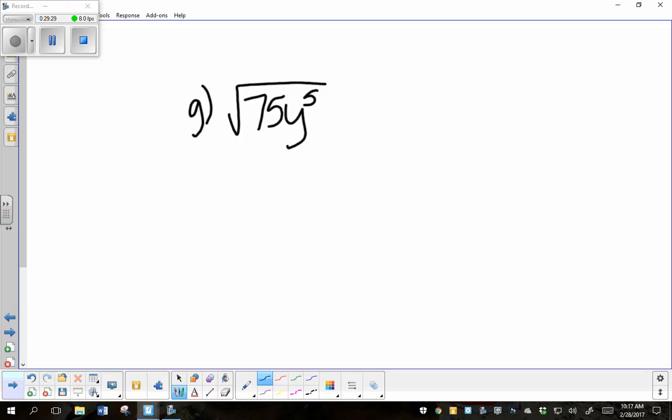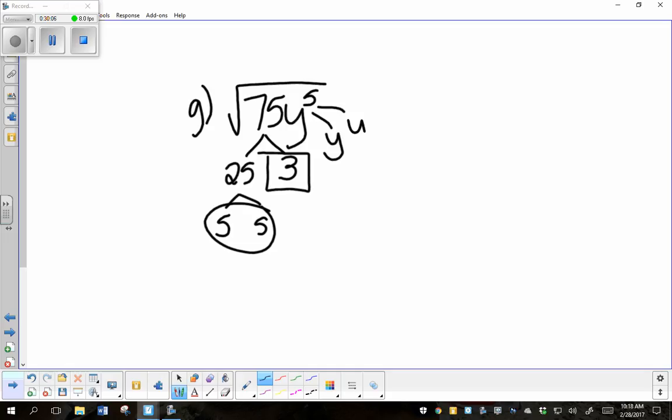Alright, so this one breaks down. 75 is, what can we break 75 into? 25 times 3? And then 25 is just 5 times 5. And that's all I can break 75 down. So we're looking for pairs of 2 because it's a square root. So we take out the 5's, the 3 stays in. And then y to the 5th is just 5 y's multiplied. 1, 2, 3, 4, 5.